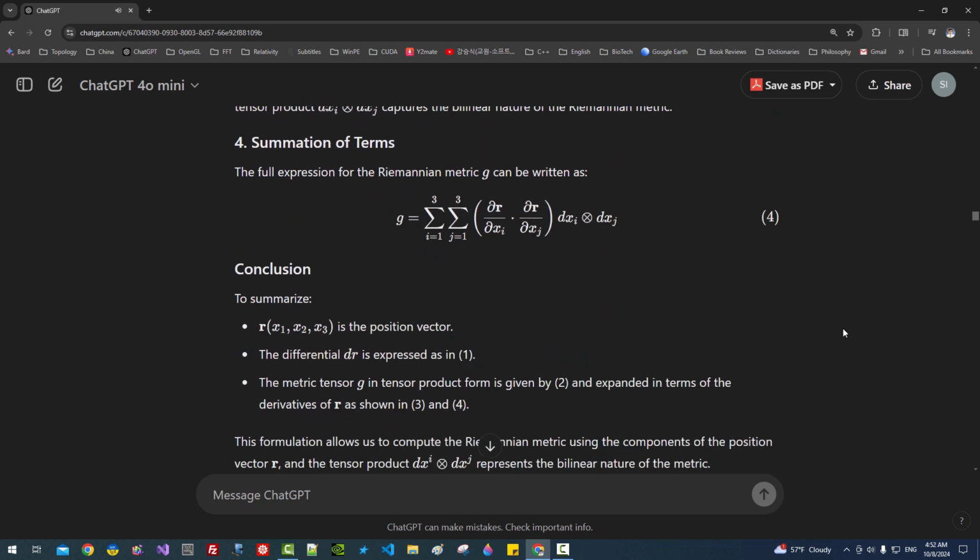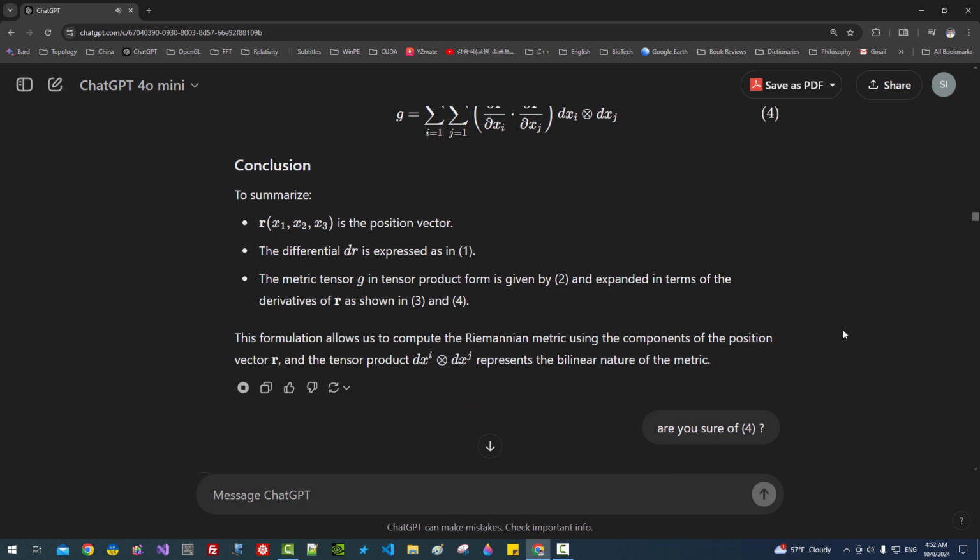4. Summation of terms. The full expression for the Riemannian metric G can be written as G equals the sum over i equals 1 to 3 and the sum over j equals 1 to 3 of (partial R over partial xi dot partial R over partial xj) dxi ⊗ dxj (4). Conclusion. To summarize, R(x1, x2, x3) is the position vector. The differential dr is expressed as in (1).